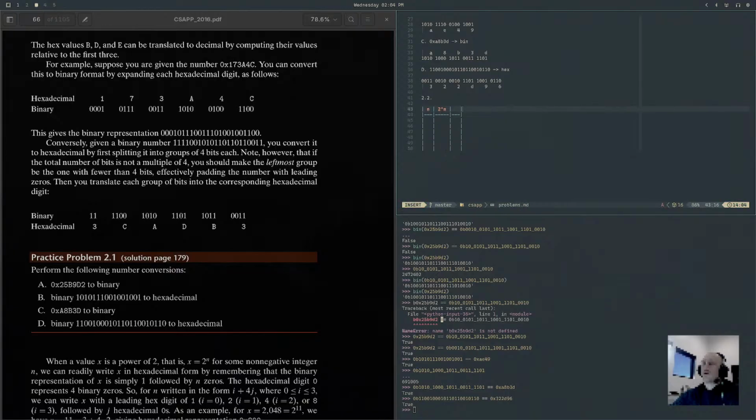Boom. And then here we'll have decimal, and then this will be 2 to the power n hex. So let's go ahead and fill out the rest of this table. Whoops. Hey, got it right. First try.